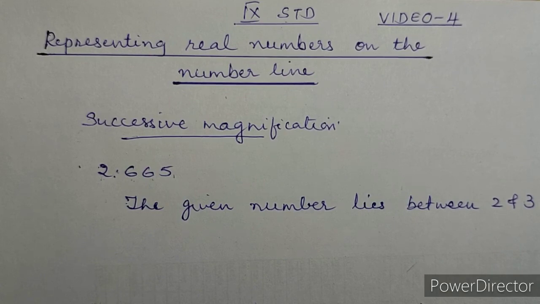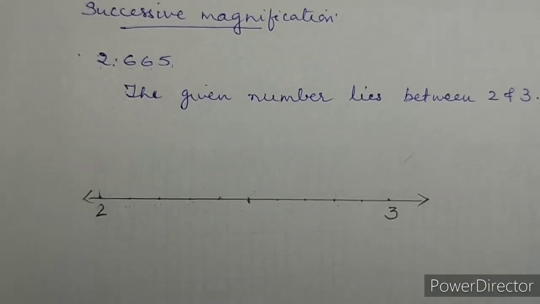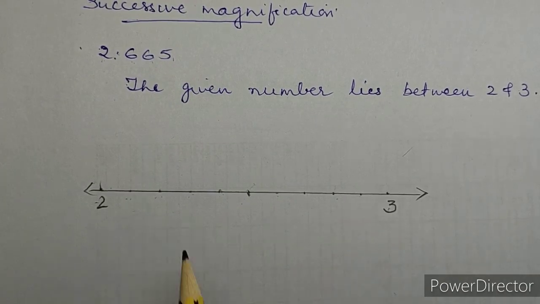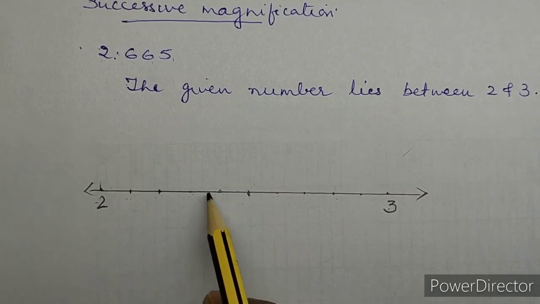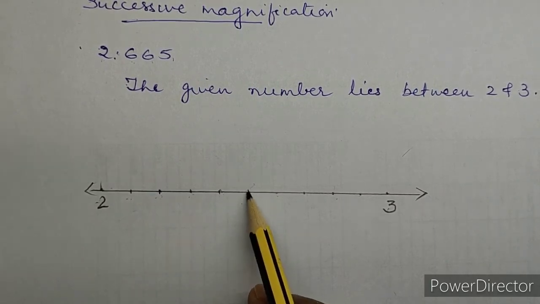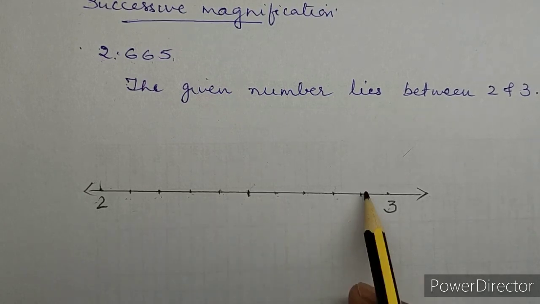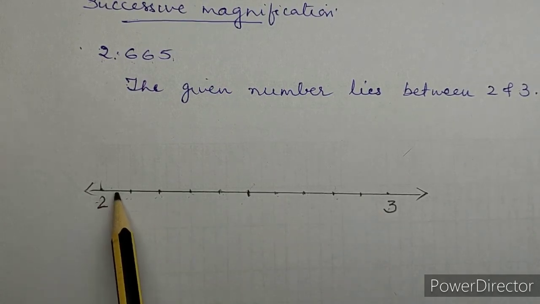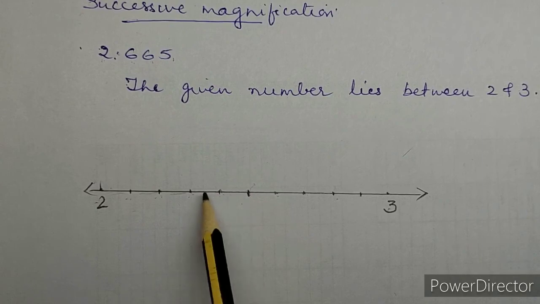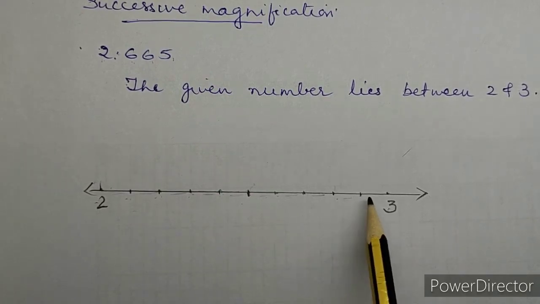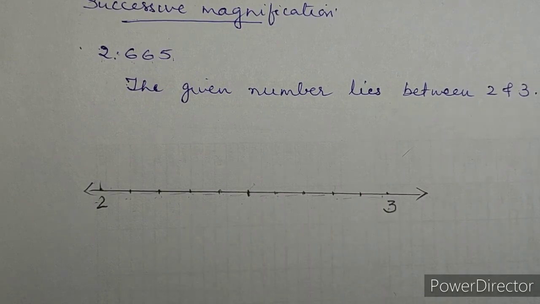This is the first number line. I have drawn 2 and 3 and in between 9 points: 1, 2, 3, 4, this is 5, half, 6, 7, 8, 9. 9 points means you get 10 equal parts.